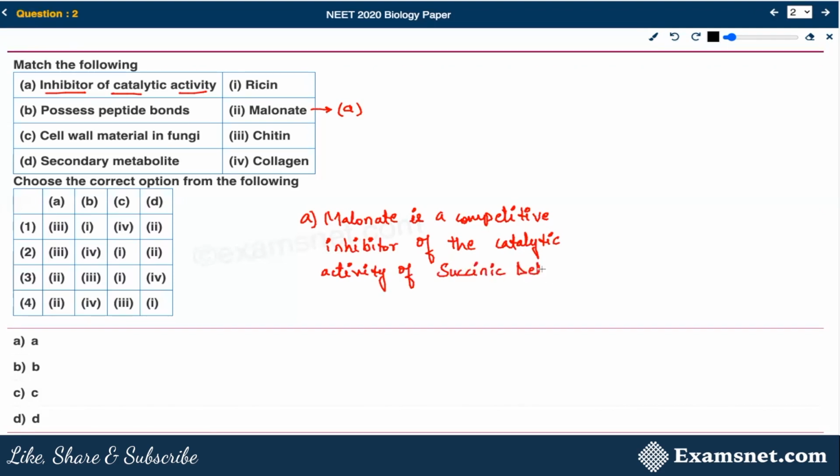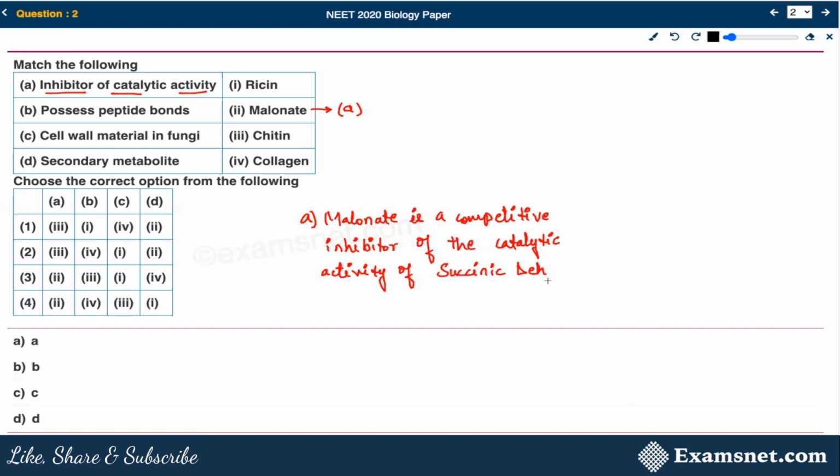Now, this is one such enzyme that is found in the inner mitochondrial membrane of the mitochondria, and that plays a very, very important role in your electron transport system. And this is the only enzyme to be found in the inner mitochondrial membrane. Otherwise, all the enzymes that participate in the process of your citric acid cycle are all found in the mitochondrial matrix.